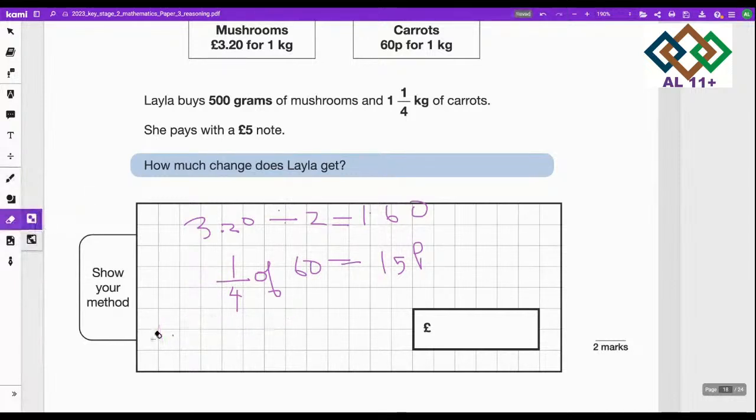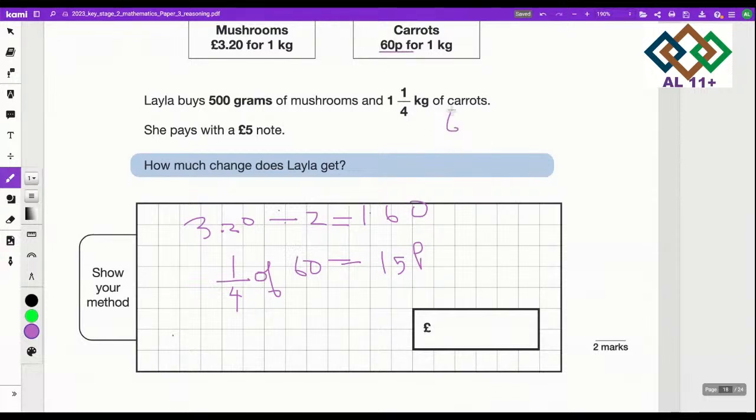So after this, what are you adding? We found that, yes, and we are adding 60p plus 15p.